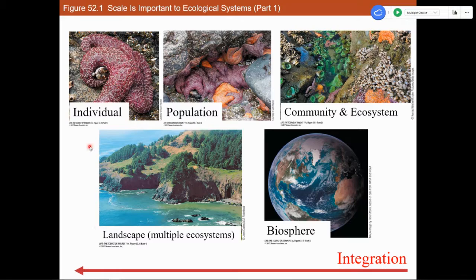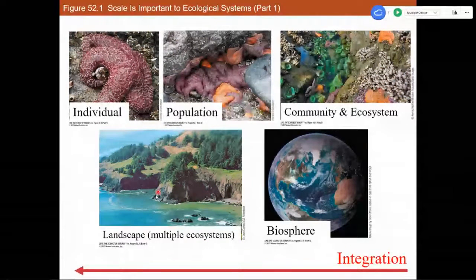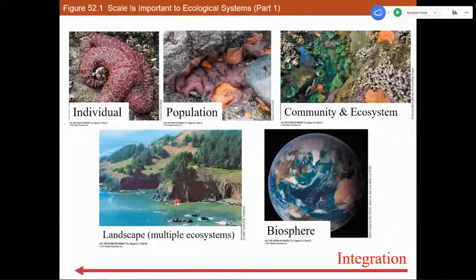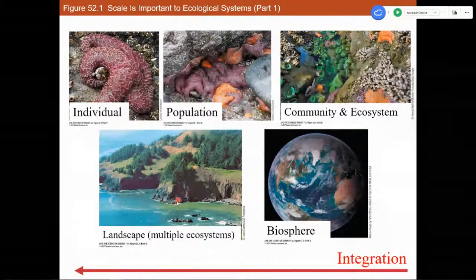If you move up a level in the scale, you can consider the landscape, which consists of multiple ecosystems. Here we were looking at this rocky shore ecosystem, with the different populations living there.